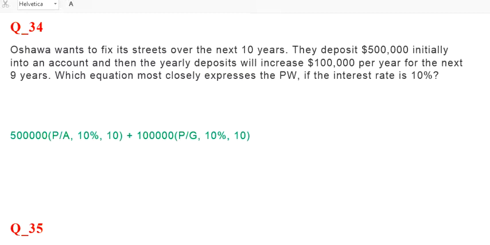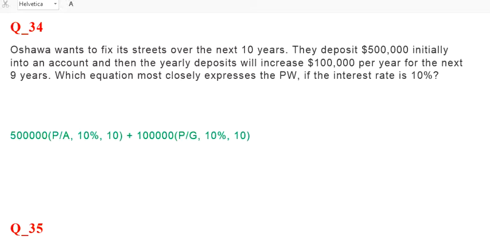Question 34. Oshawa wants to fix its streets over the next 10 years. They deposit $500,000 initially into an account, and then the yearly deposit will increase $100,000 per year for the next 9 years. Which equation most closely expresses the present worth if the interest rate is 10%?